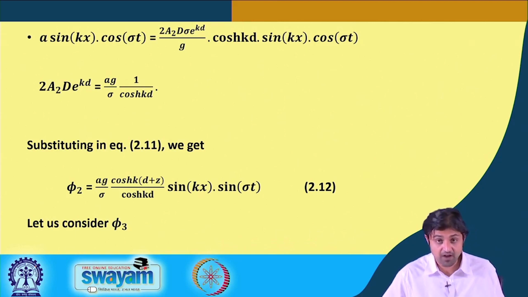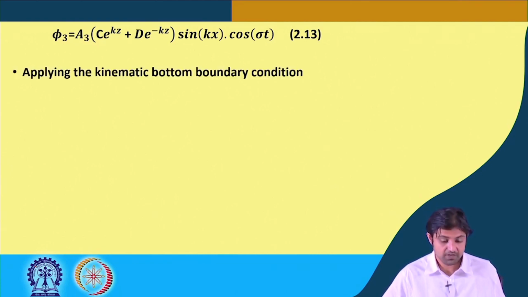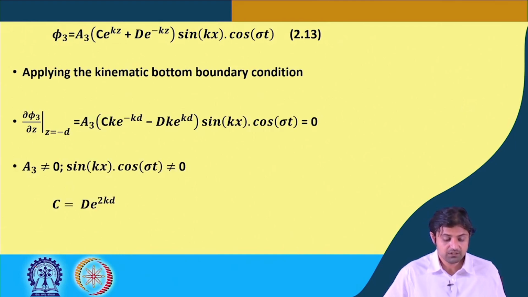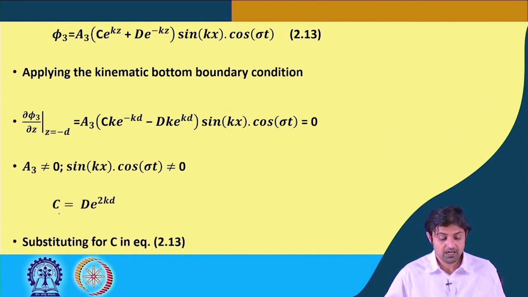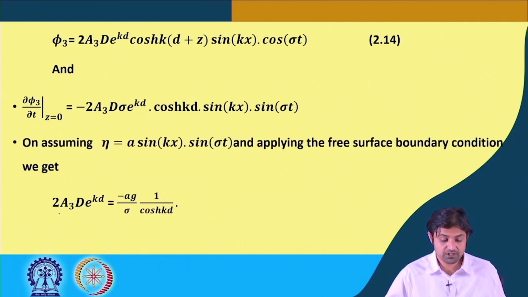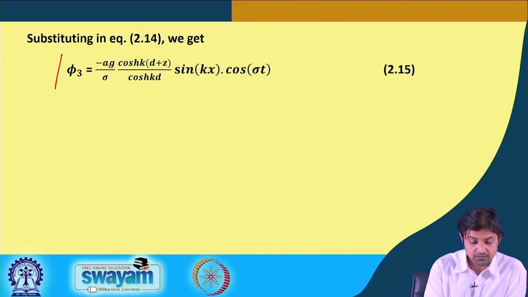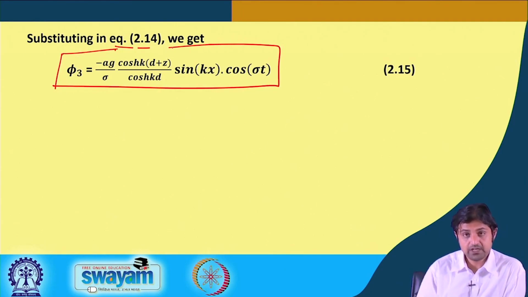So, if we consider phi 3 and apply the same concepts, we apply the kinematic boundary condition, this will give C is equal to d into e to the power k d. And the same procedure is repeated for the dynamic free surface boundary condition, and we get for phi 3 a term like this, same procedure.